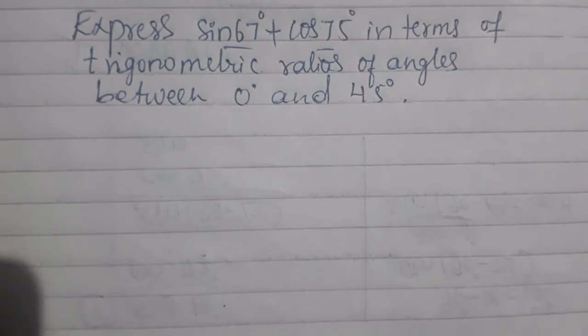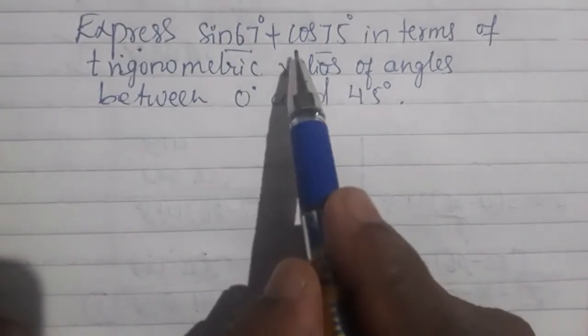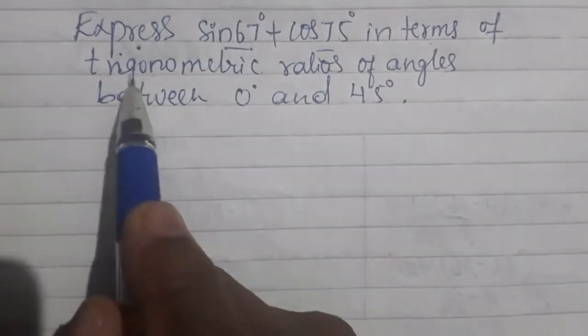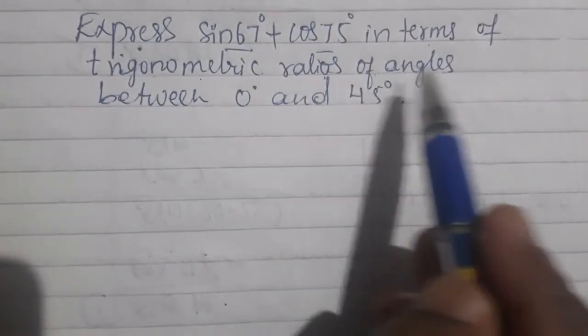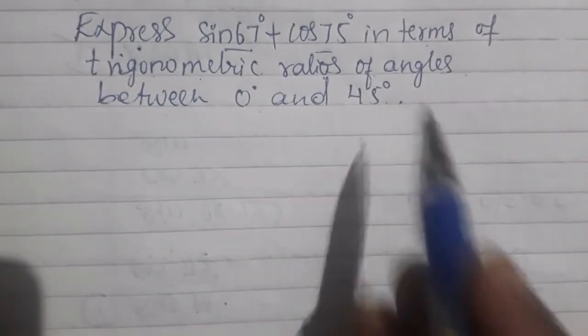The last sum of trigonometric ratios of complementary angles. Express sine 67 degree plus cos 75 degree in terms of trigonometric ratios of angles between 0 degree and 45 degree.